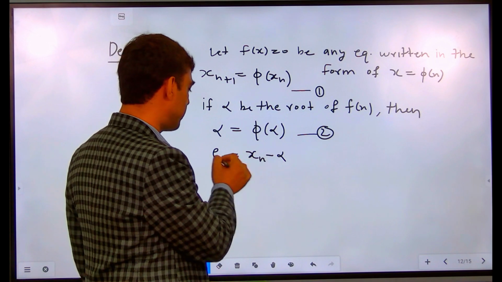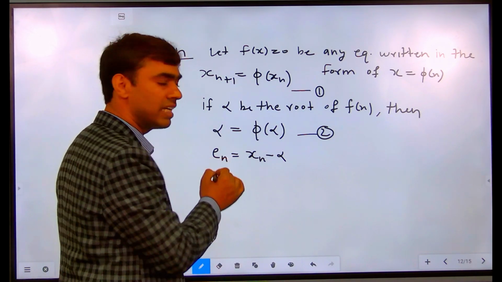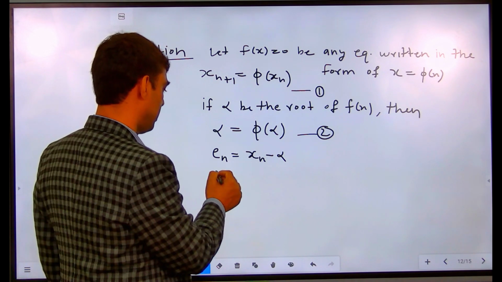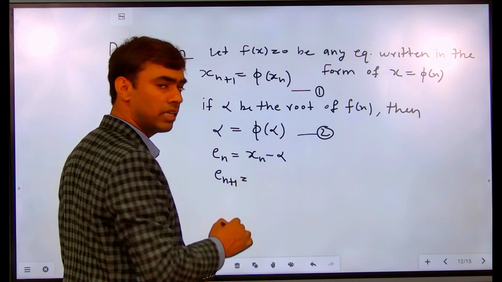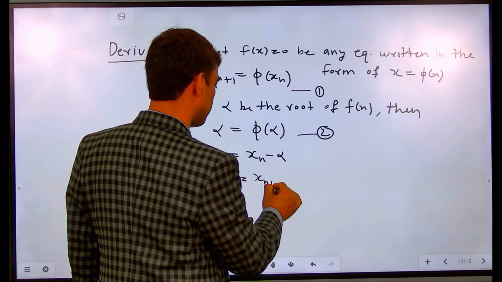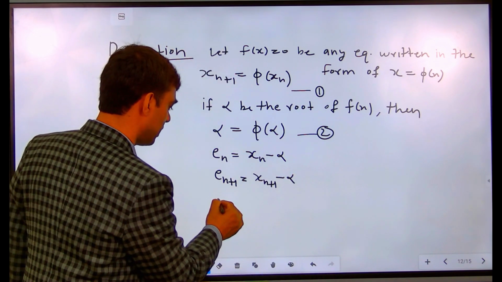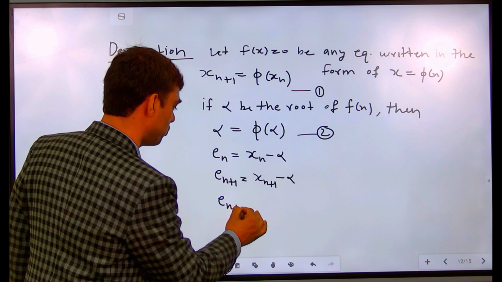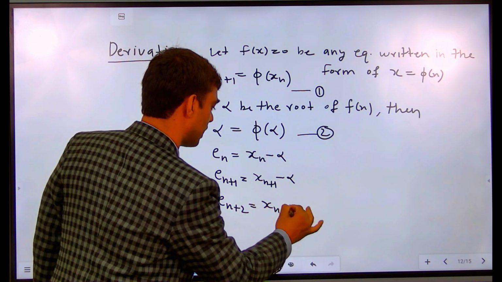Here we denote the positive difference by E_n, the error after the nth iteration. Now E_{n+1} = x_{n+1} - alpha, and similarly E_{n+2} = x_{n+2} - alpha.